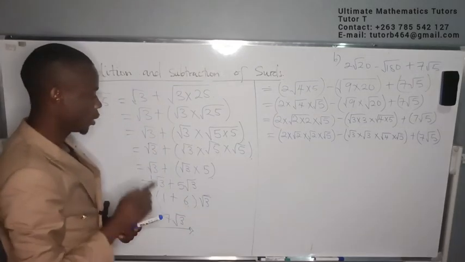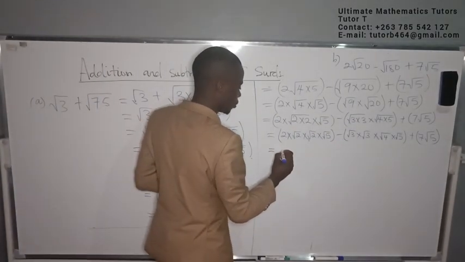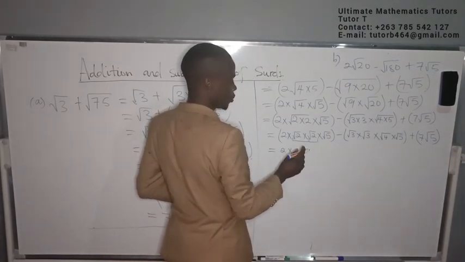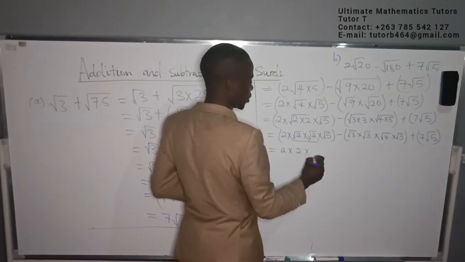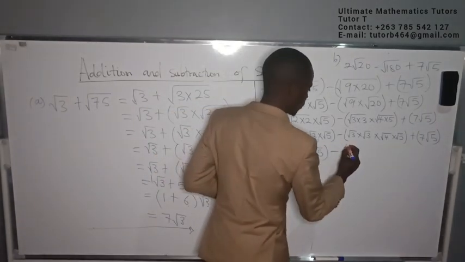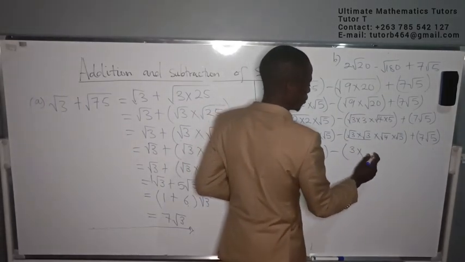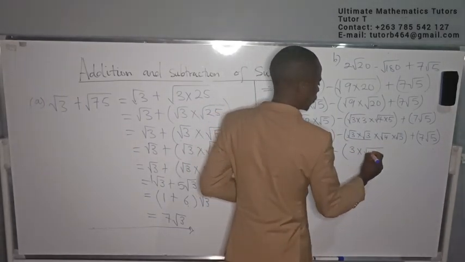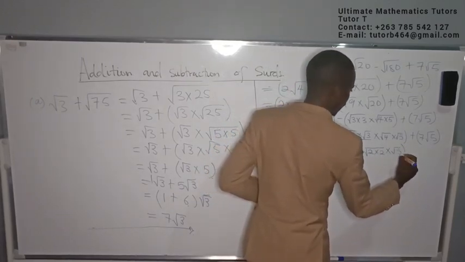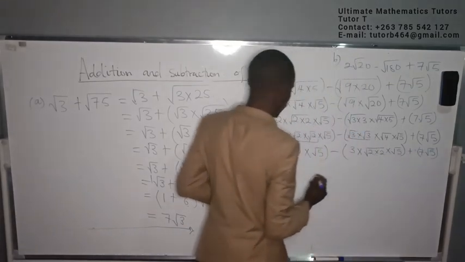Right, and now we're left with this expression. So 2 times, remember, root of 2 times root of 2 gives us 2, times root of 5, minus root of 3 times root of 3, that is 3, times, 4 is supposed to be 2 times 2 times root of 5 plus 7 root of 5.